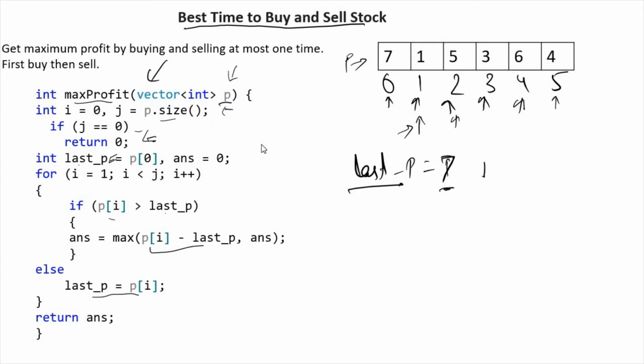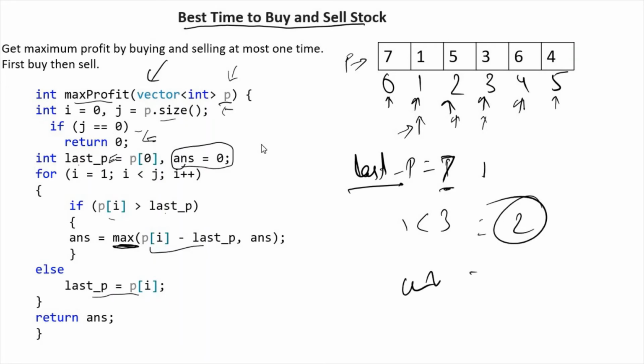The answer was initialized with 0, so our answer will be replaced with 4 because I am taking the maximum. Now let's move to 3. Here 3 is greater than 1, so we are making a profit of 2, but our answer already holds 4, so we will not replace it.